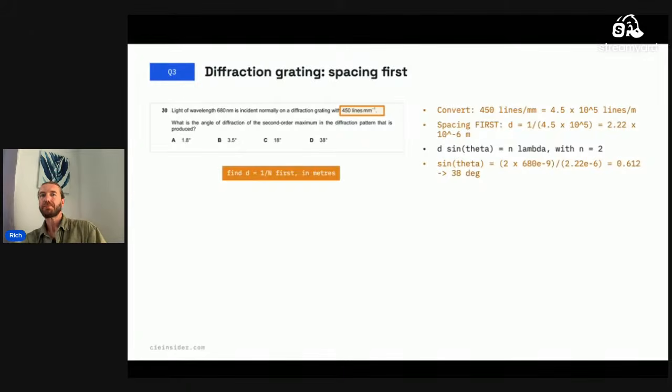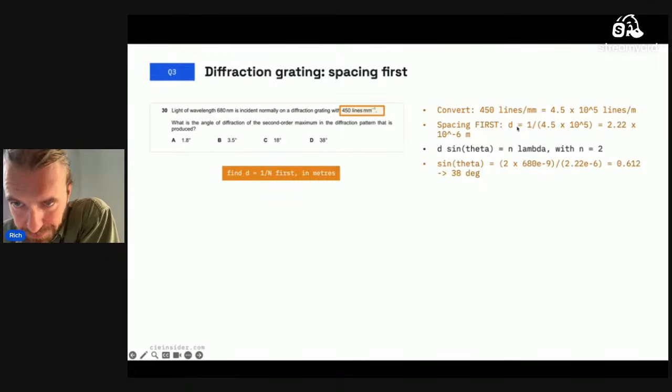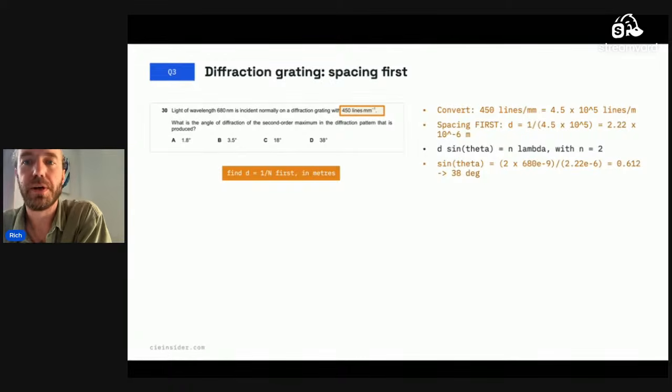Once we know how many lines per meter, we then do 1 over that number to give us the actual spacing of the lines. And so we get 2.22 times 10 to the minus 6 in this case.